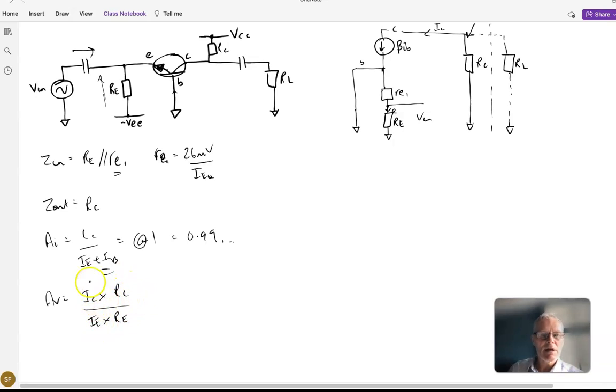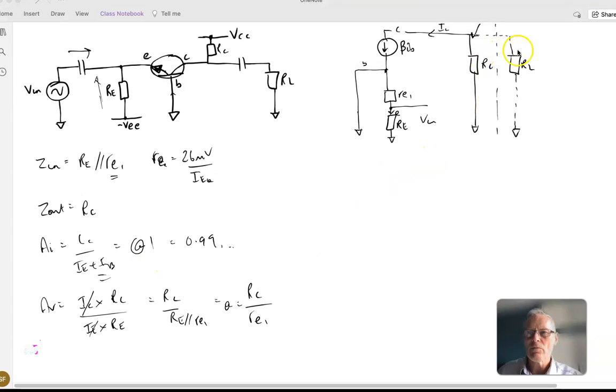So the ICs and the IEs are approximately equal, so they would cancel. So we end up with the RC over RE. However, we've also got this parallel combination of this RE1 in play here. So we can't neglect that in this setup. So this is in parallel with RE1, and we've already said that the Zin is approximately RE1, so we can say that the voltage gain is RC divided by RE1 approximately.